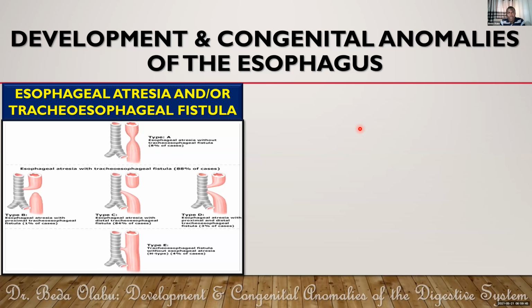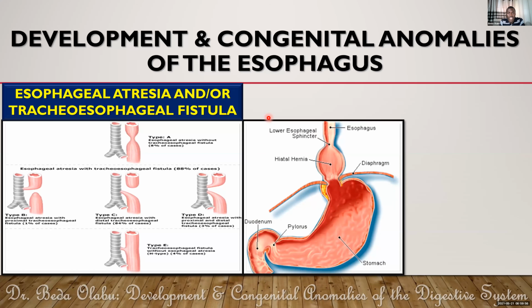All right, let's continue with the other anomalies of the esophagus. You may have a situation where the esophagus does not elongate appropriately. If it does not, you ask yourself, where will the stomach be? If we have inadequate esophageal elongation, it means that you'll have a short esophagus.